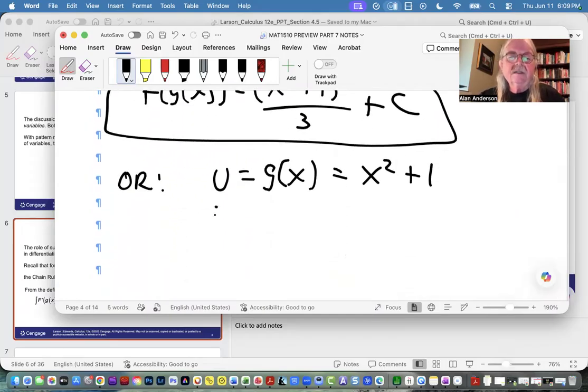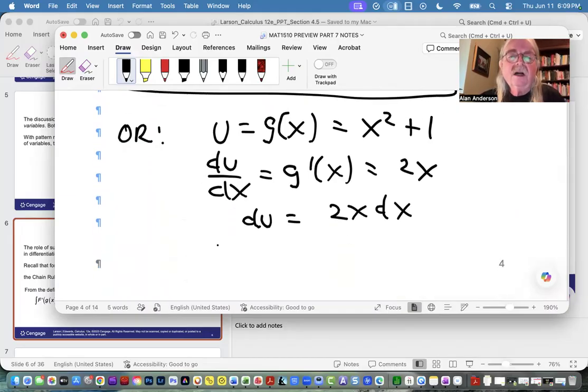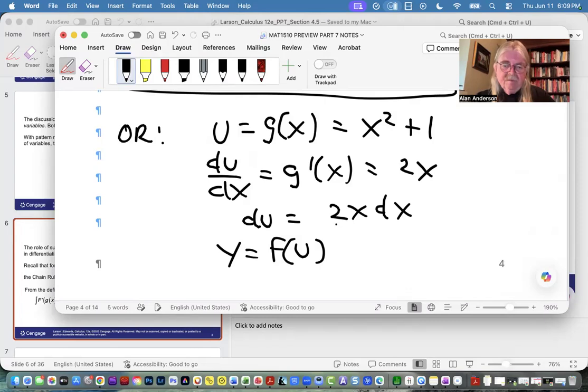And of course, that means that du dx is 2x, or du is 2x dx. Now, we also have to recognize that y in these cases is a function of u. In this case, that would be u squared.